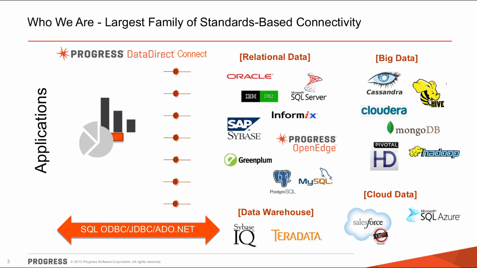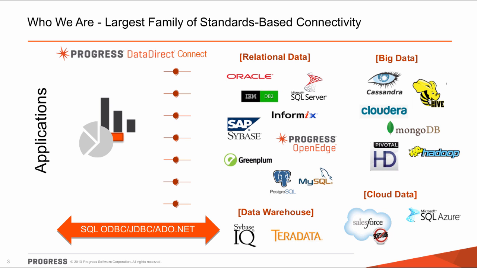So just a quick little bit about who we are for those of you who may not be totally familiar with Progress Data Direct. We are the provider of the largest family of standards-based, SQL-based connectivity products in the world, and have been in business for almost 30 years, or right at 30 years.